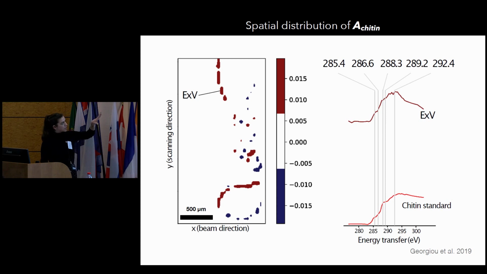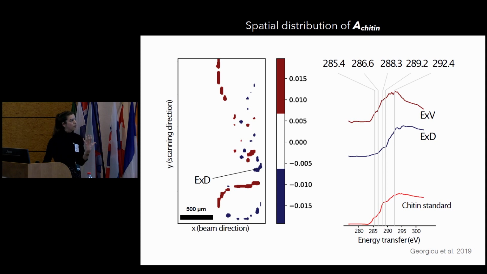What appears in red pixels, we have the sum of the spectrum there, and if we compare it with the chitin standard, it's quite close. Then if we plot the spectra coming from the dorsal exoskeleton, we have something different. Actually, we have aliphatic signatures there, close to the surface.